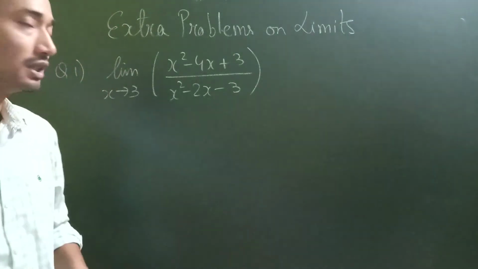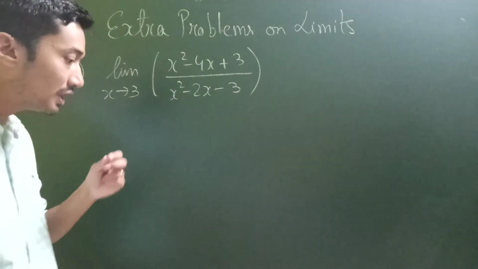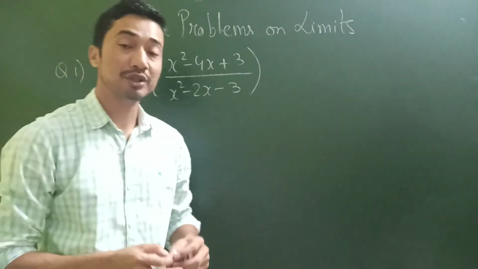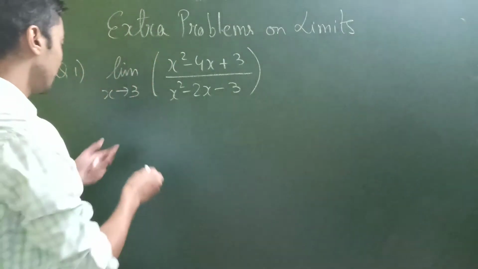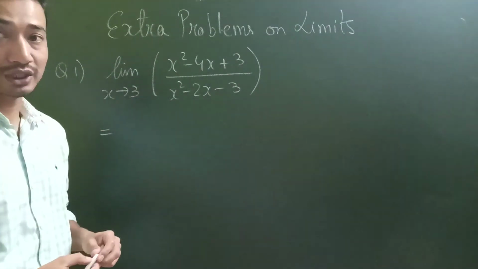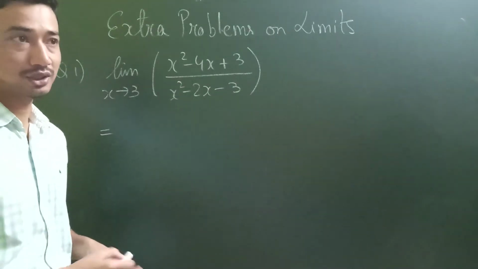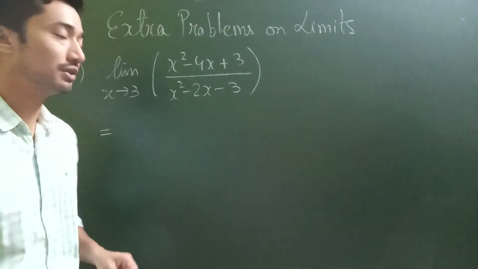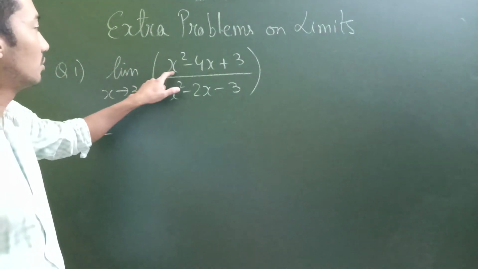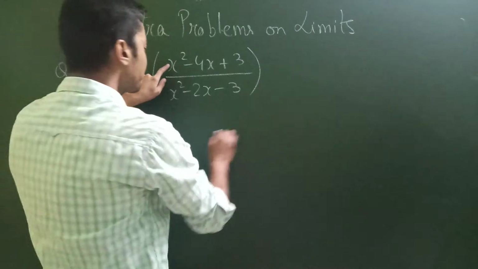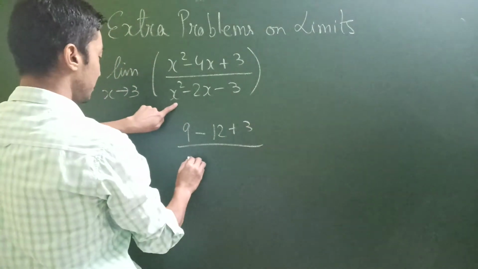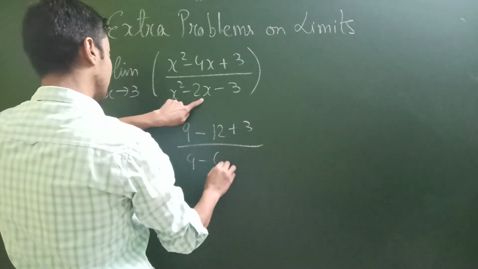The first question that I've written here is this. As I have been telling you in the first one or two previous videos, we continue with the limiting value as x tends to 3. It's not x equal to 3, okay? We're just assuming, as I discussed in the earlier videos. So if we assume x to be 3, what shall we have here? 3 square, 9, minus 4 3s are 12, plus 3. And here 3 square, 9, minus 2 3s are 6, minus 3.